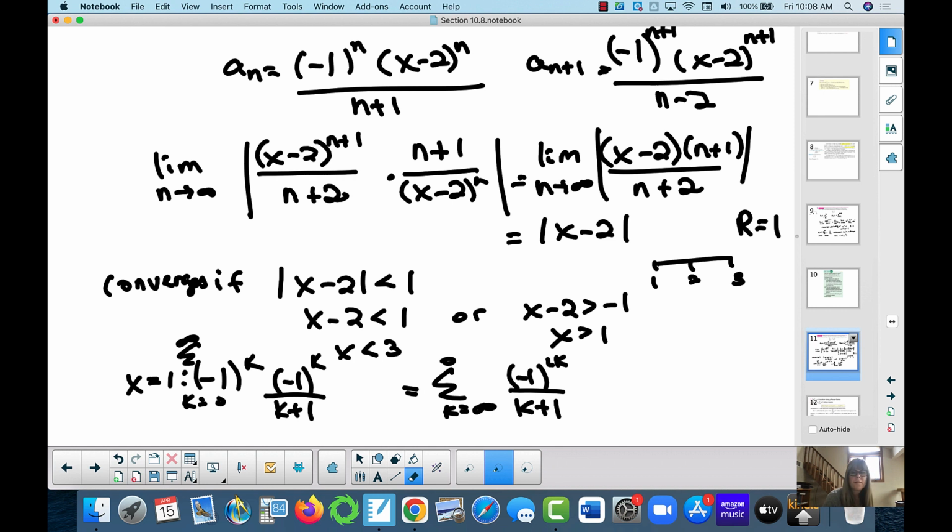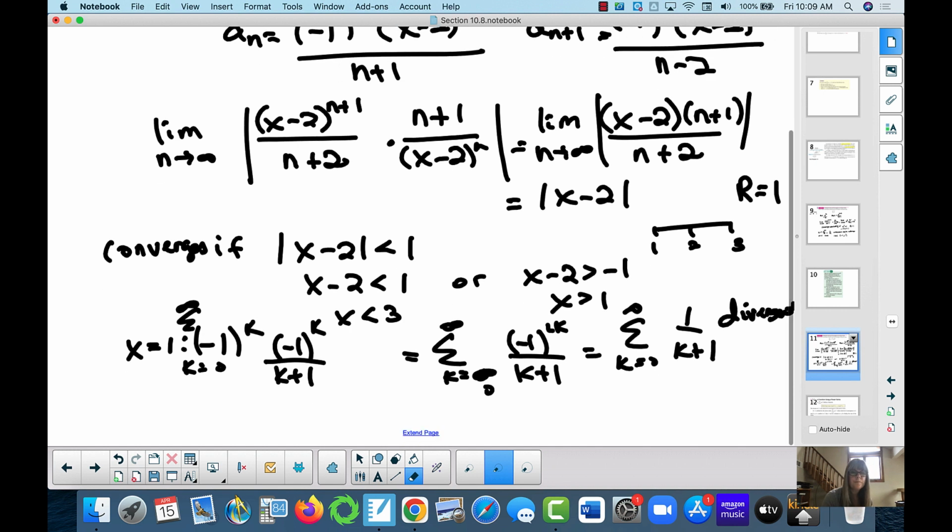Since we're squaring -1 no matter what k is, that's the same thing as 1 over k plus 1. That's a harmonic series. That's divergent. So at x equals 1, we're divergent.